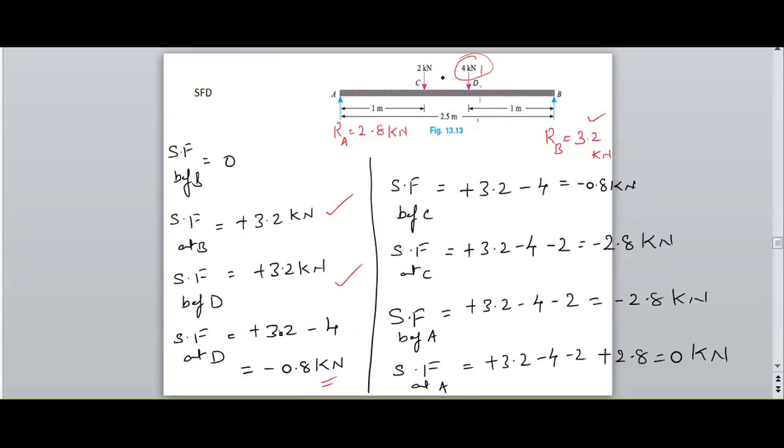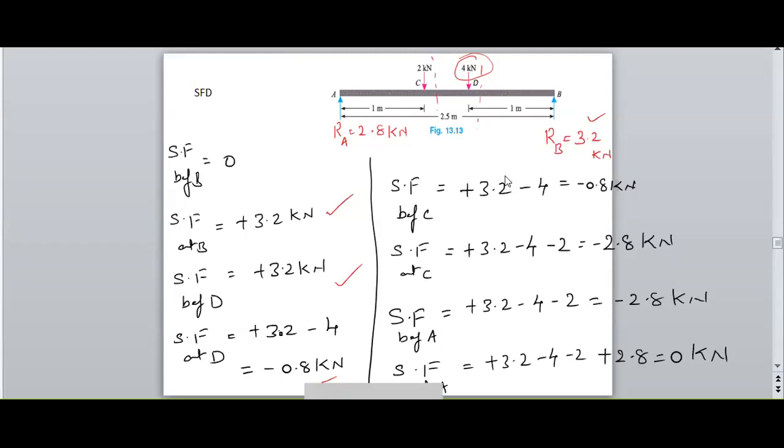Next point is C. Before C, I am getting 3.2 and minus 4 only.